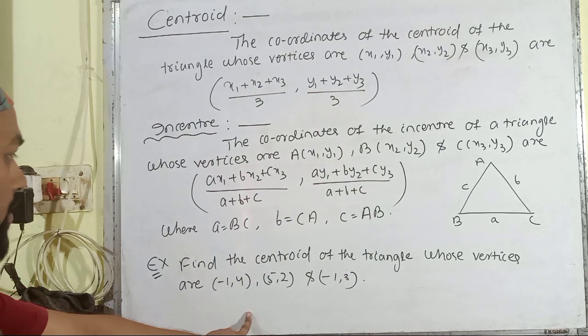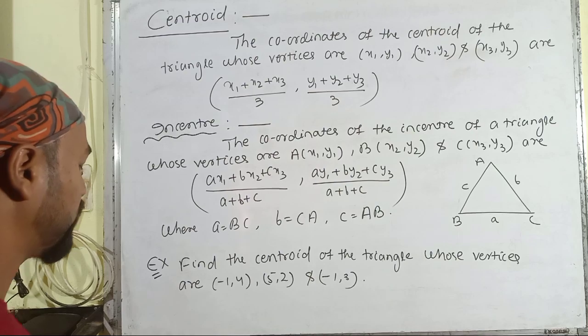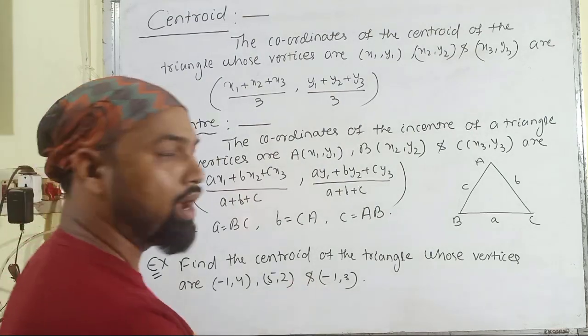So here is the problem based upon the centroid. Find the centroid of the triangle whose vertices are (-1, 4), (5, 2) and (-1, 3).